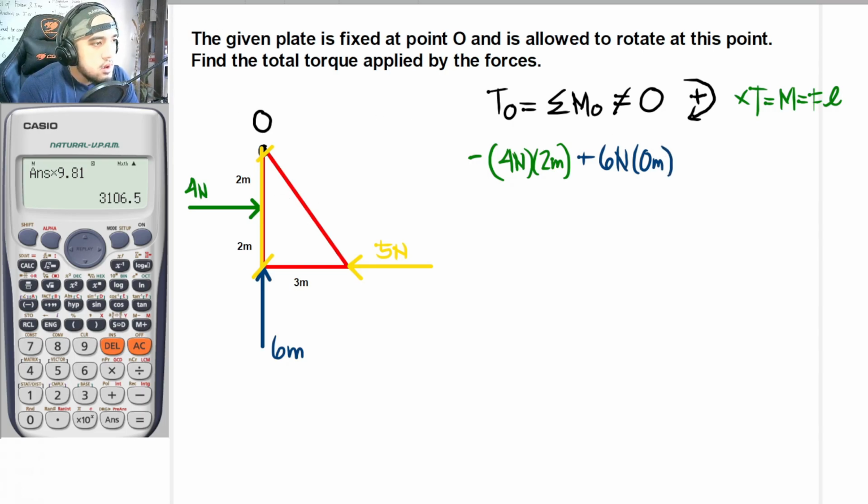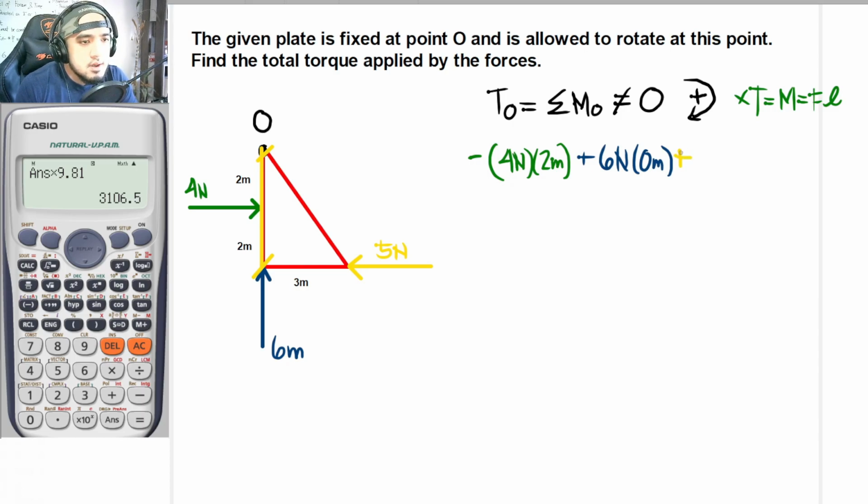By the way, the tendency of this 5 Newton force is to rotate point O in a counterclockwise direction. I mean clockwise direction, I should say. So clockwise direction, thus this should be positive. So this is once again plus.